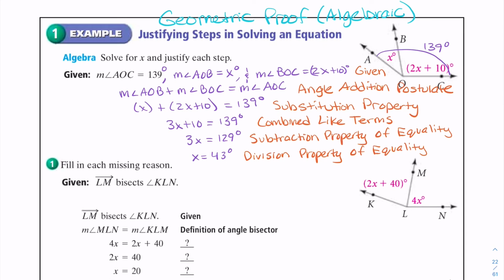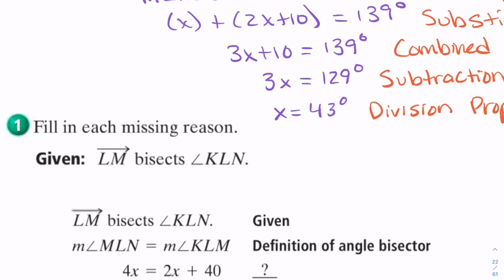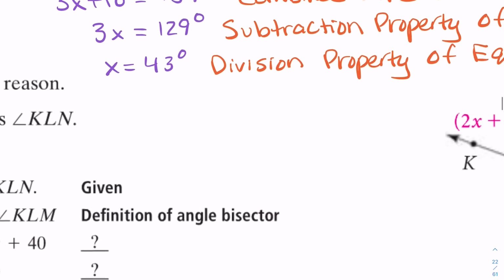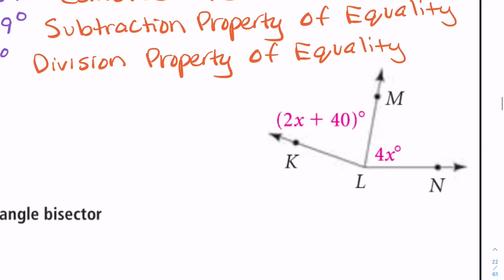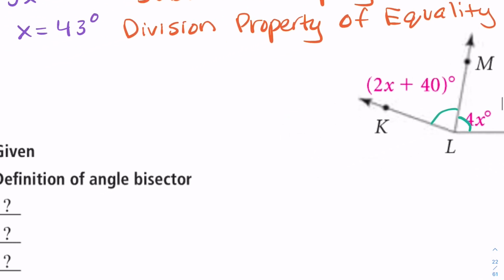We have that ray LM bisects angle KLN. And what that means is that these pieces right here are going to be equal. Okay? So we have, no matter where I put that, it doesn't really work. There we go. All right, so we know that they're equal.